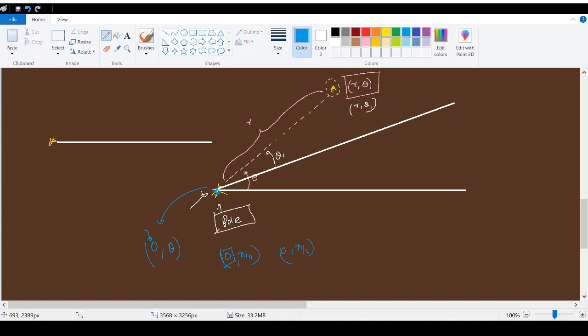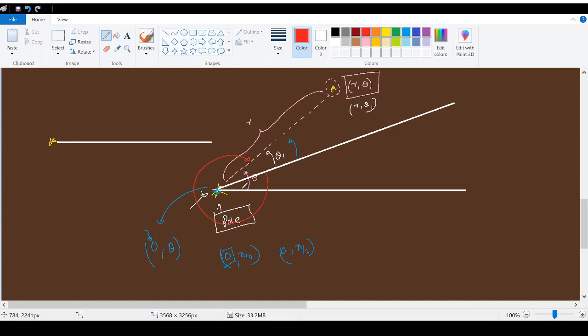And then there is another convention. Once you define this straight line, there are two ways that you can measure the angle. One way is the anti-clockwise direction, and the other way is to measure the angle in the clockwise direction.